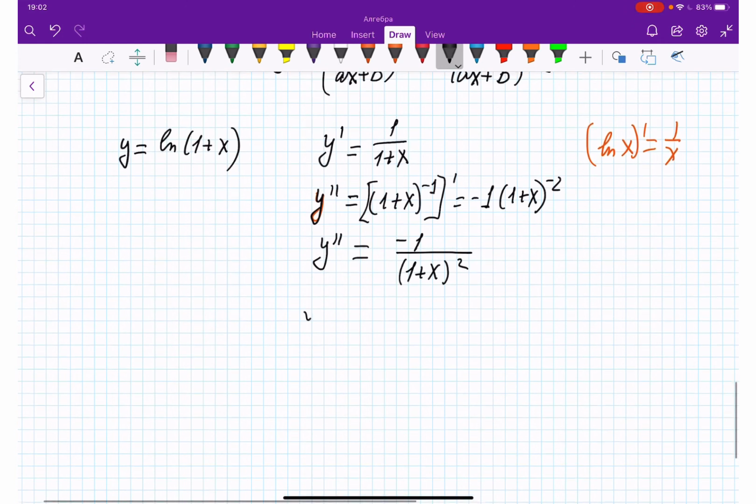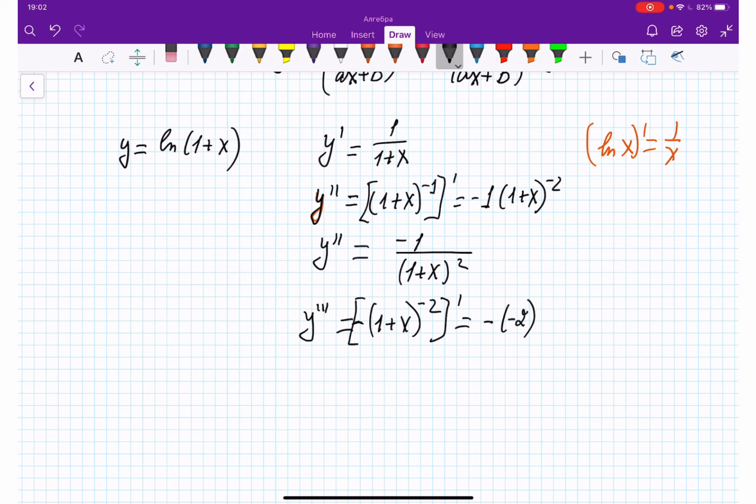Okay, third derivative is equal to the derivative of negative 1 times 1 plus x to the power negative 2, prime. It's going to be negative 2, right, times 1 plus x to the power negative 3.